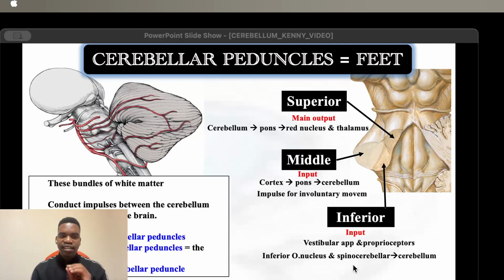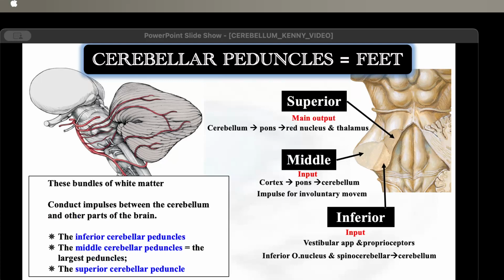So these three peduncles are very, very important because they help communication between the cerebellum and the rest of the central nervous system.